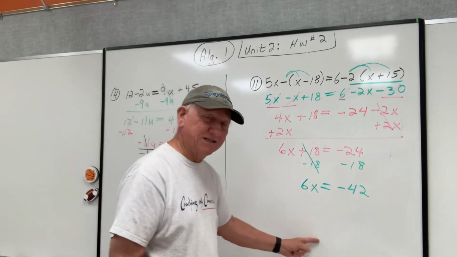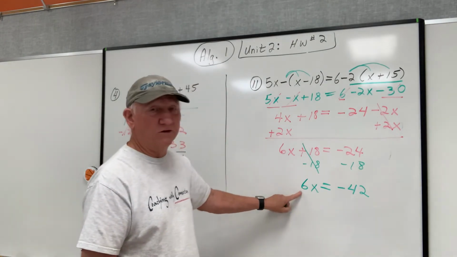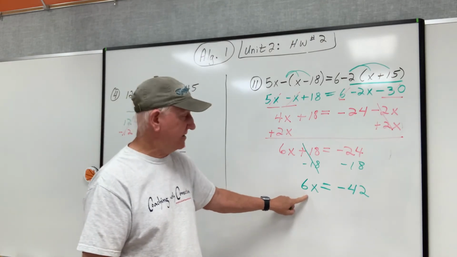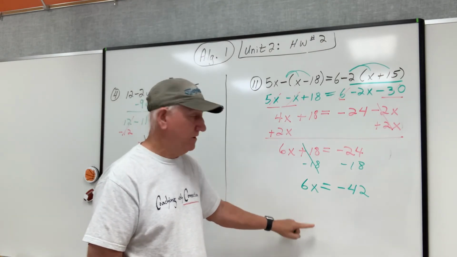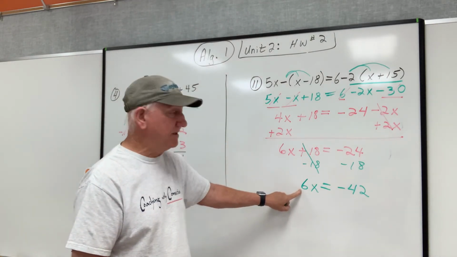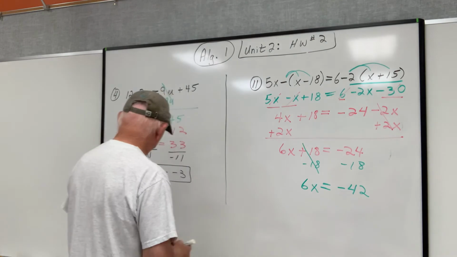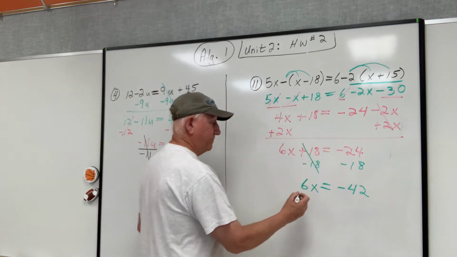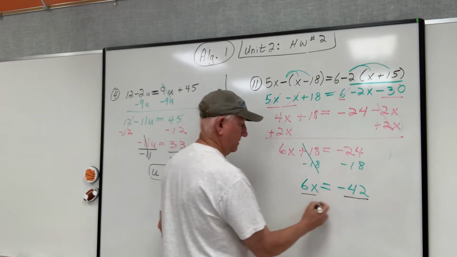We need it to be x equals, so notice that we still have a number with the x, it's 6. That 6 has got to go so that we have x by itself. Remember, we end up dividing by whatever number is in front of the x. So we need to divide both sides by what?